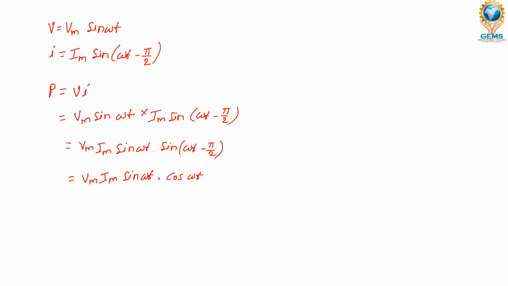Okay, from here, what is the sin omega t into cos omega t formula? Sin omega t into cos omega t, we will get 1 by 2 sin 2 omega t.